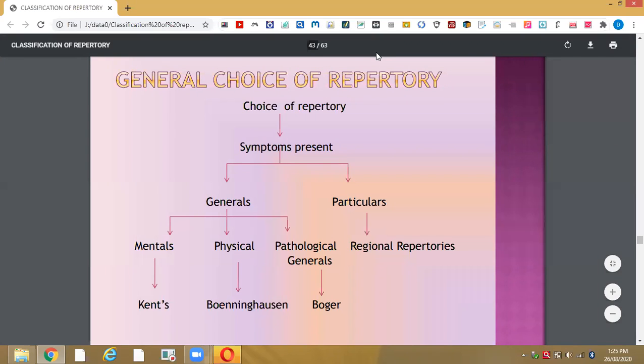Most of the pathological rubrics he tried to include in his repertory, that is Boger Boenninghausen's characteristic repertory.